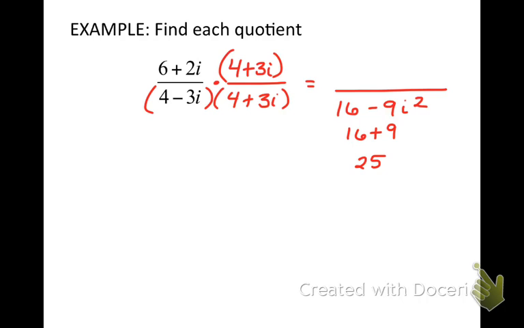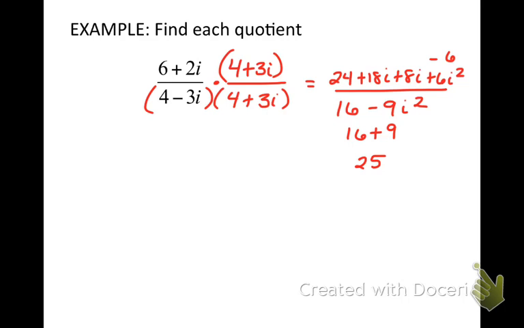Now I've got to multiply the top part, which is a little bit more work. So 6 times 4 gets me 24. 6 times 3i, 18i. 2i times 4, 8i. 2i times 3i would be positive 6i squared, which really would be a minus 6.